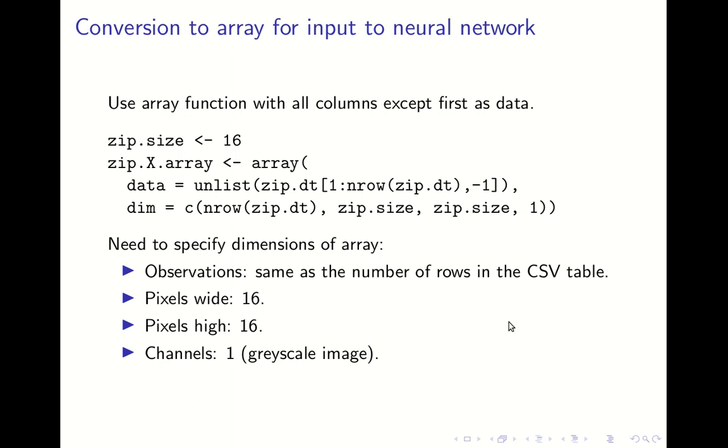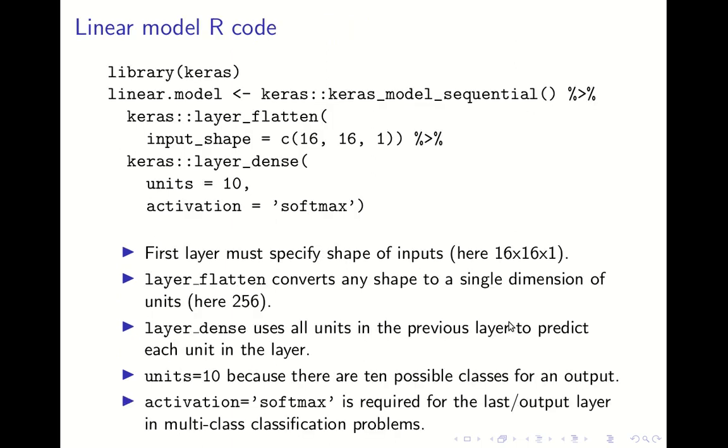And that's all we have to do for constructing the inputs and the outputs for plugging into this machine learning library. We're going to be using this Keras library, which really simplifies definition and learning of different neural network models. To define a simple linear model in Keras, all we have to do is start with this keras_model_sequential call.